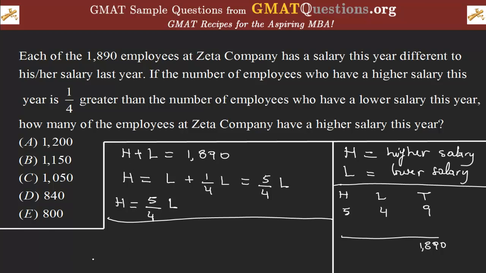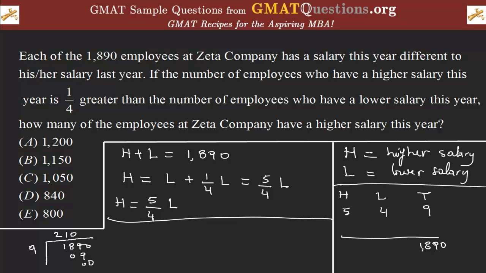When you divide on the left side 1890 by 9, you know how to do the division. You don't have to watch me do it. Do it yourself, okay? So it's really 210. Okay, so this is going to be 210.